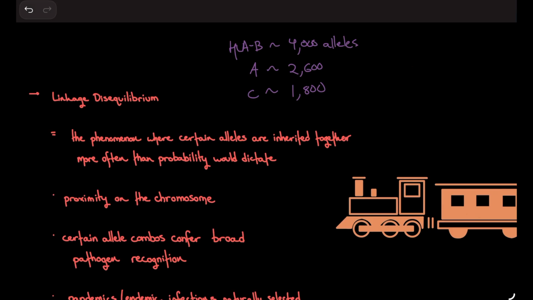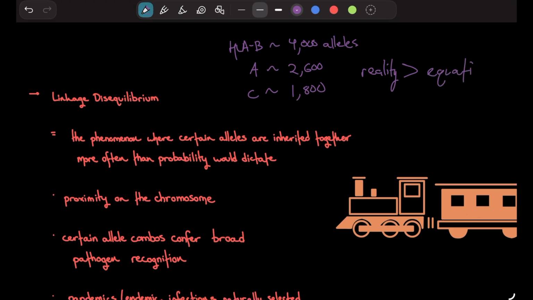But in nature, the number is way less than the equations would predict. So that must mean that there are beneficial combos that are selected for, that make more sense for biology to use.